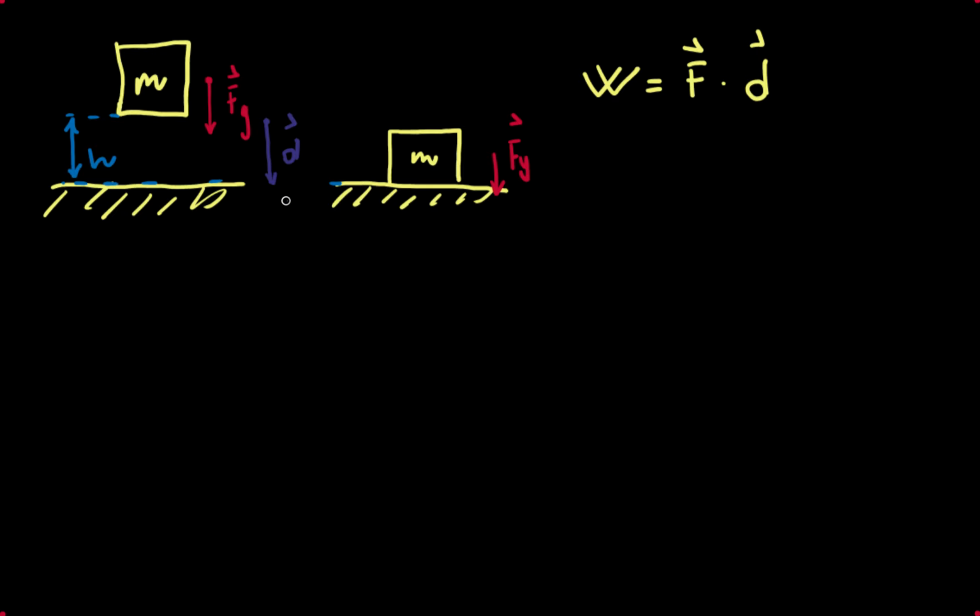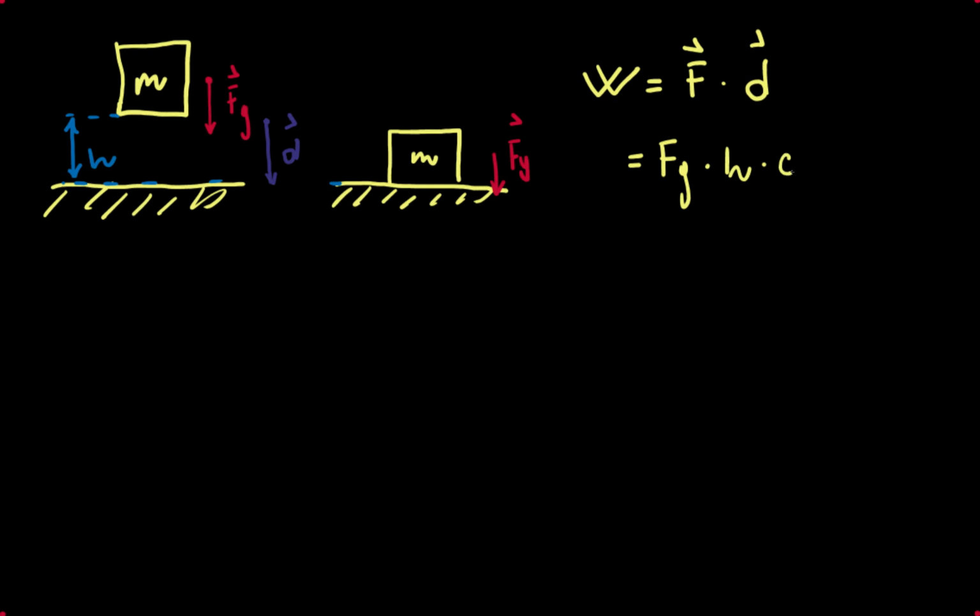So there is just Fg times D, with no modification needed. The length of D is the height.